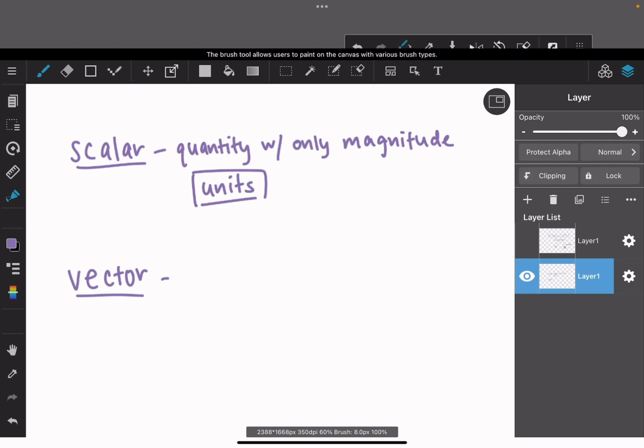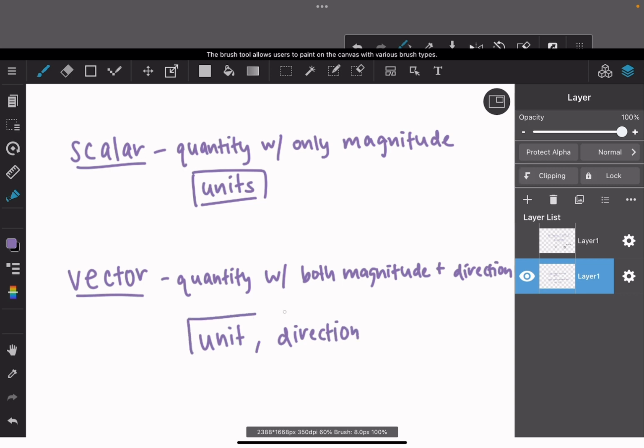All right, a vector is a quantity with both magnitude and direction. So your answer would have the positive units and the direction.